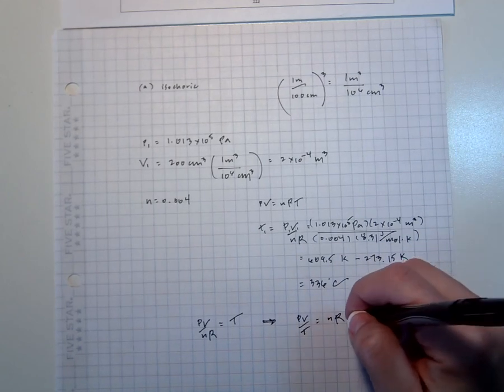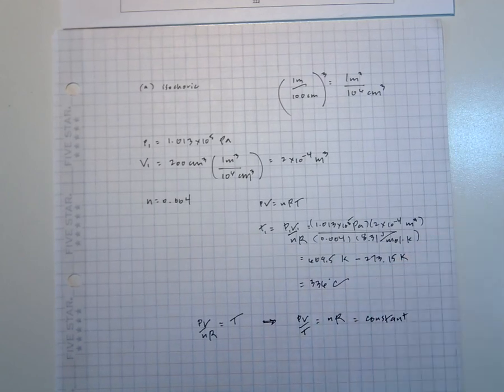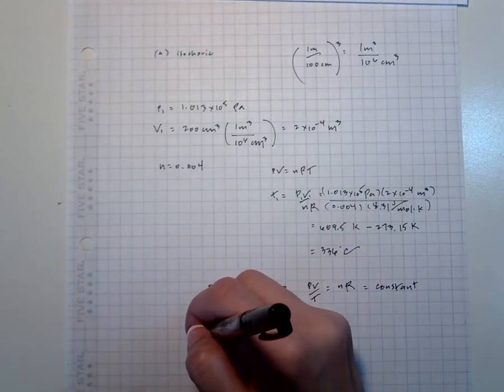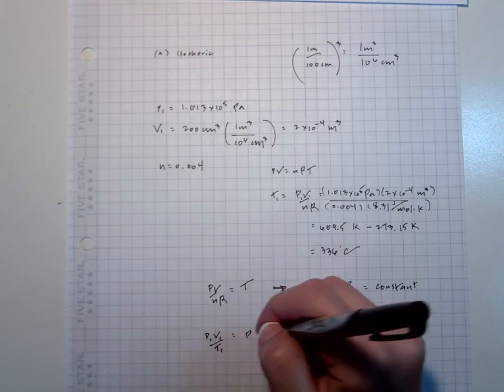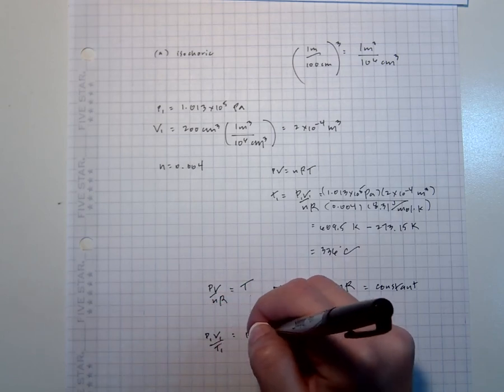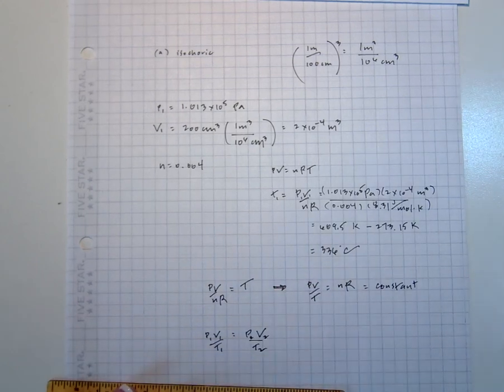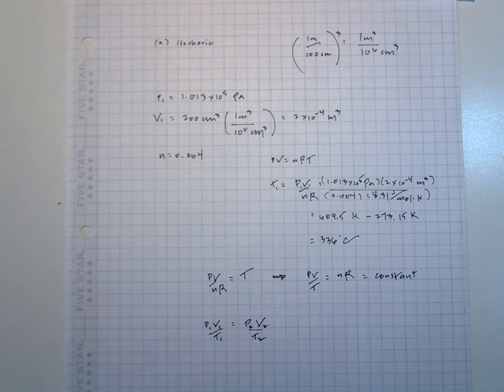In other words, PV over T is a constant. So why not just say P initial, V initial over T initial equals P final, V final over T final. We can do that. Set the ratios equal to each other.